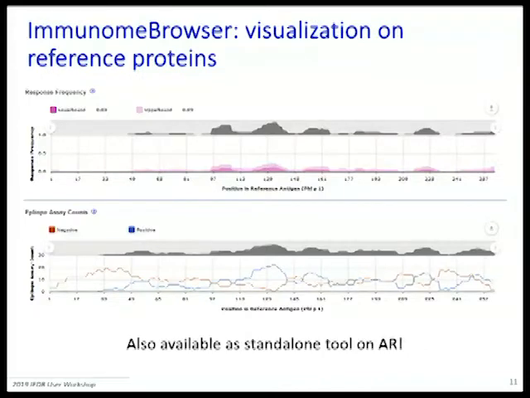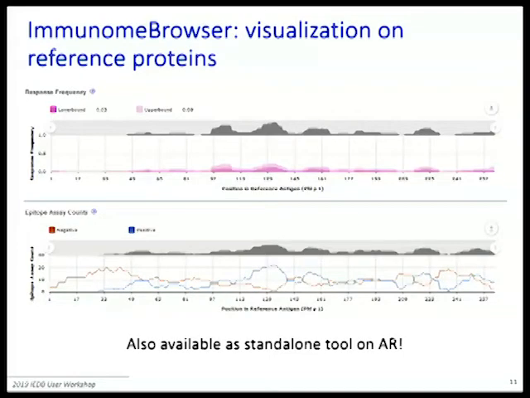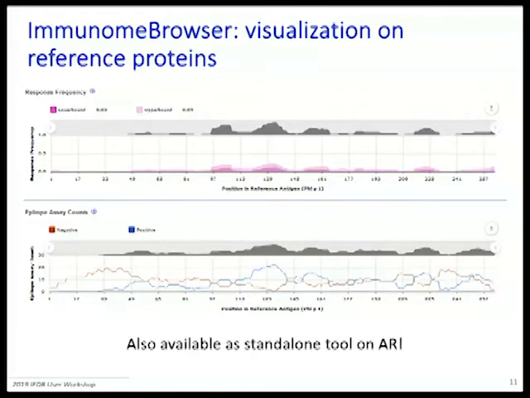What the Immunome Browser does is it essentially takes those epitopes that were returned in the query and maps them on a reference antigen. So if you want a canonical antigen of the particular protein that you chose. And so you generate two graphs, and on the x-axis you have the position in the reference protein. And this creates a visual heat map, if you will.